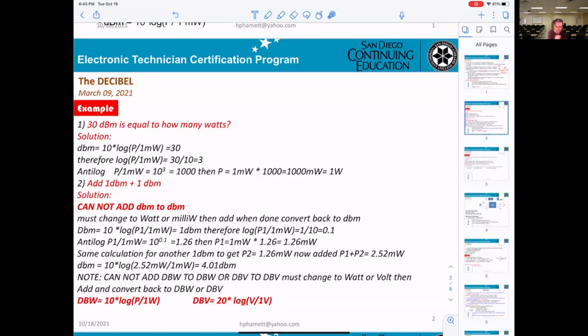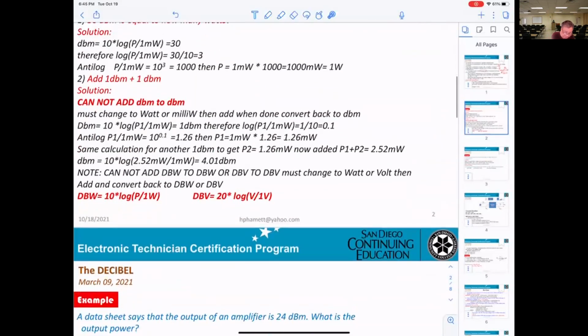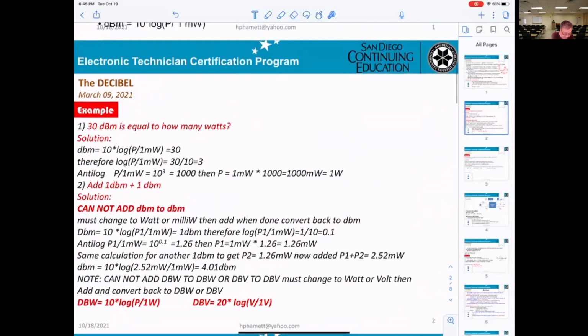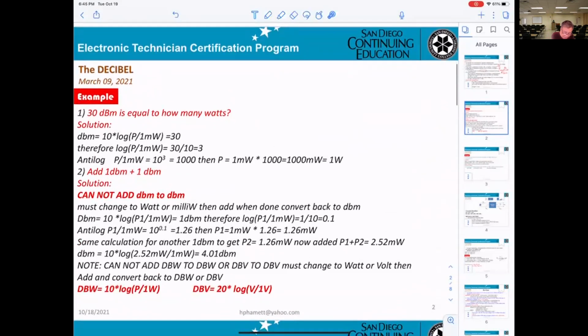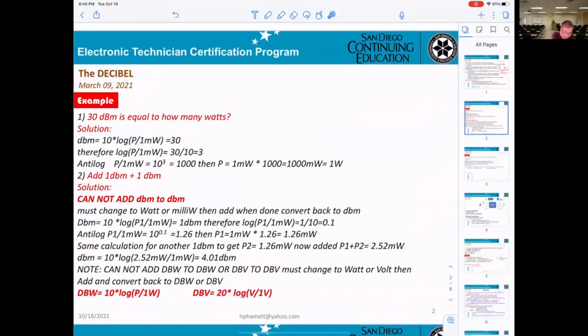Okay, now, in order for you guys to understand or not, I get that one. Do it for me. 45 dBm equals how many watt?